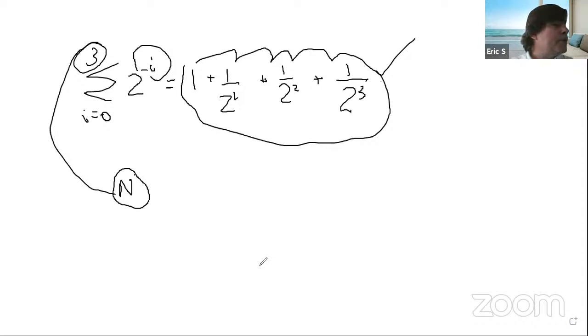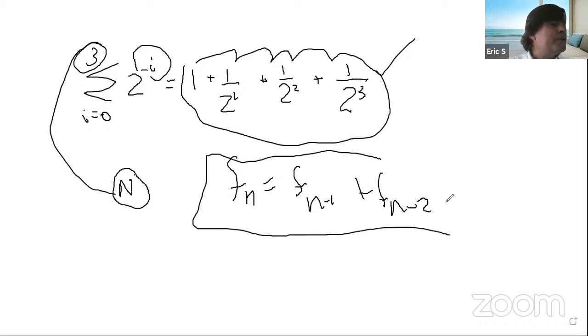So we could try a simple Fibonacci or something like that. If you wanted to do f of n is equal to f of n minus 1 plus f of n minus 2, this is a typical introductory recursive equation.